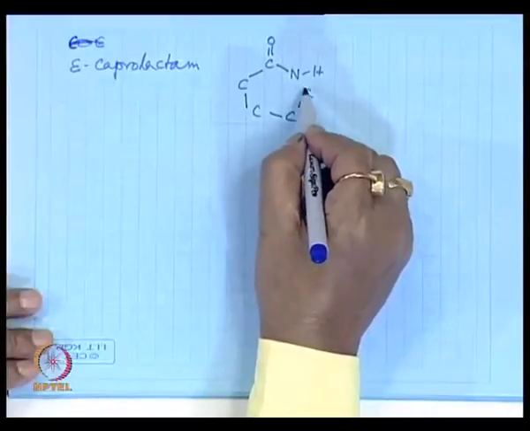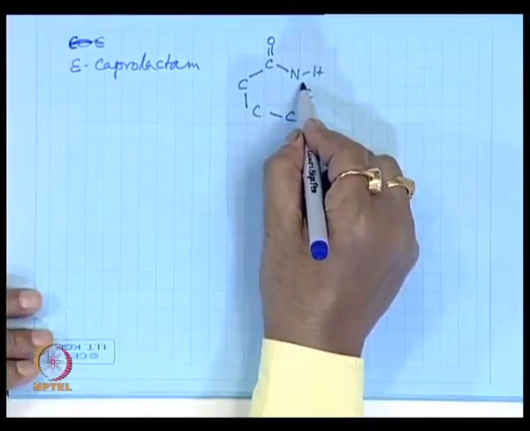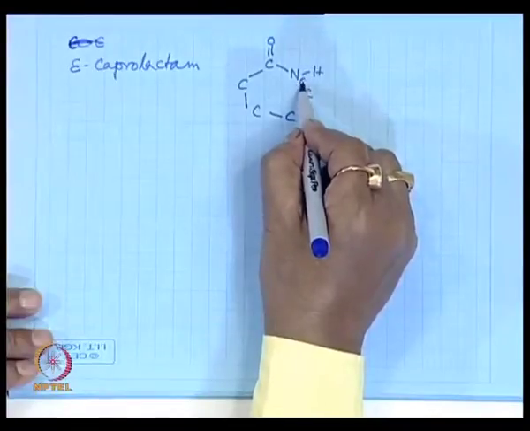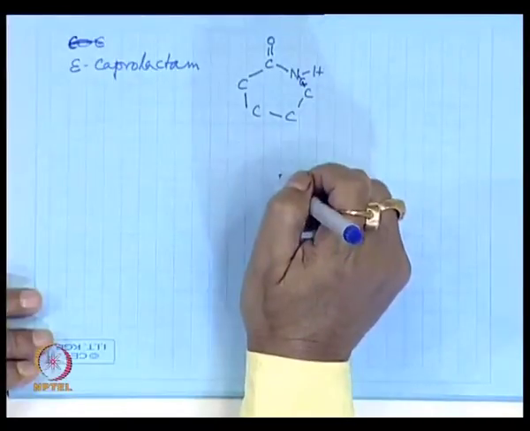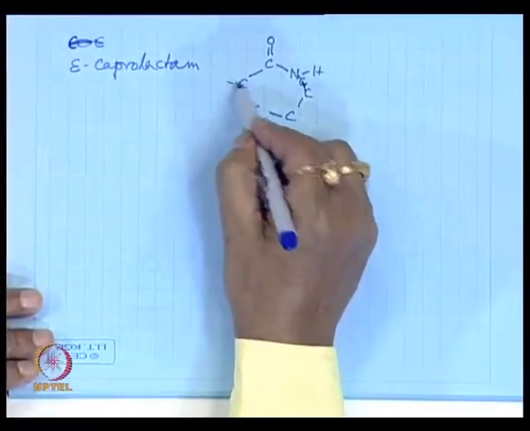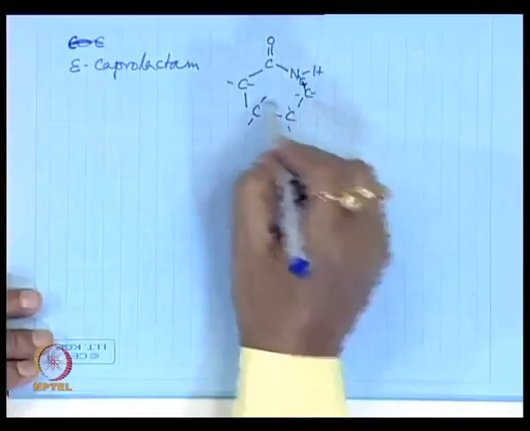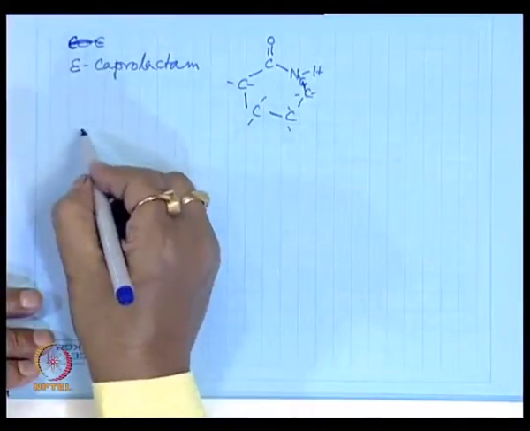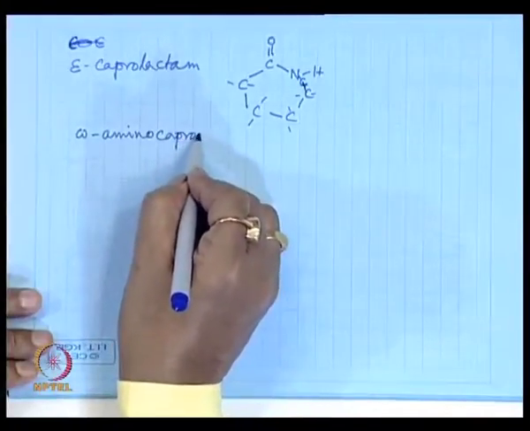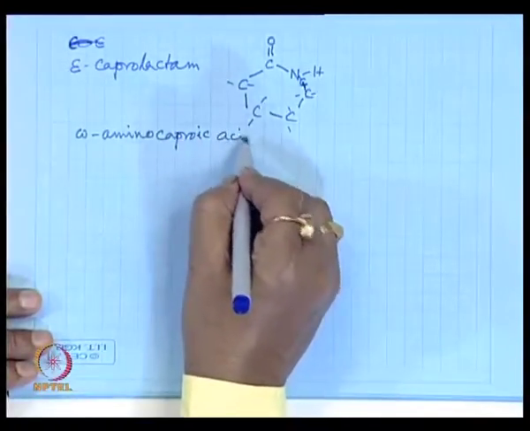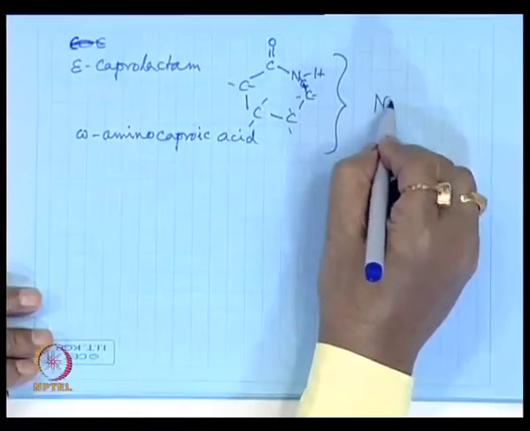Oh, there will be one more C. I am sorry, one more C. Nylon 6 from caprolactam ring compound, or you can have the same nylon 6 from omega amino caproic acid, an open chain compound. Both lead to nylon 6.